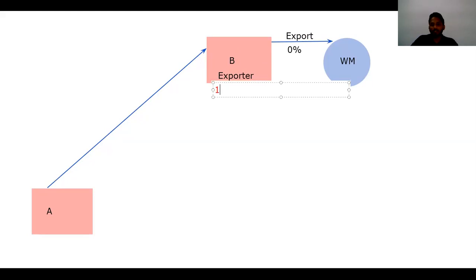The first scenario is basically a person doing export, right? Then any person who supplies goods, let's say more than 50%.